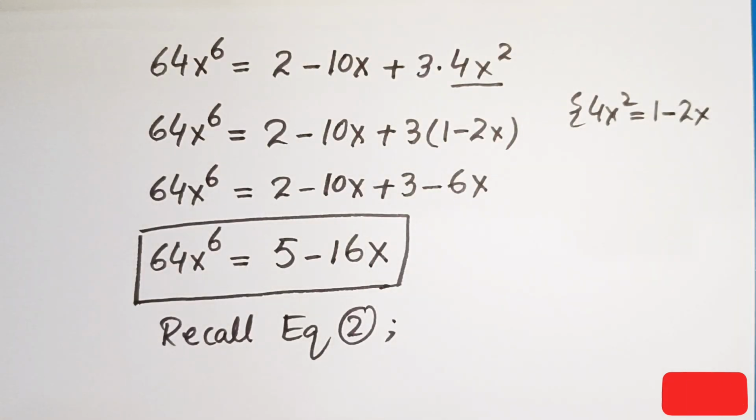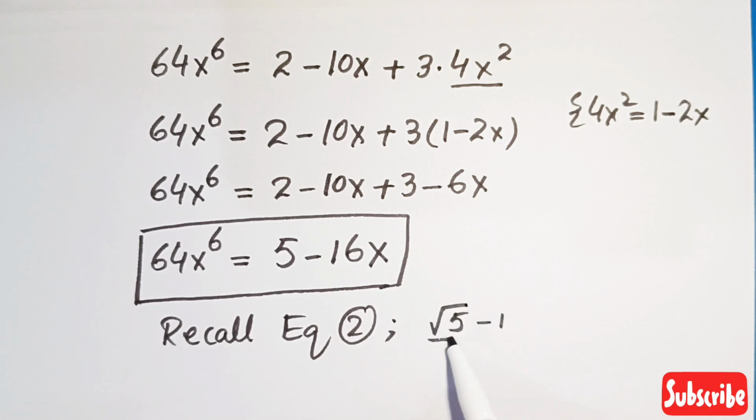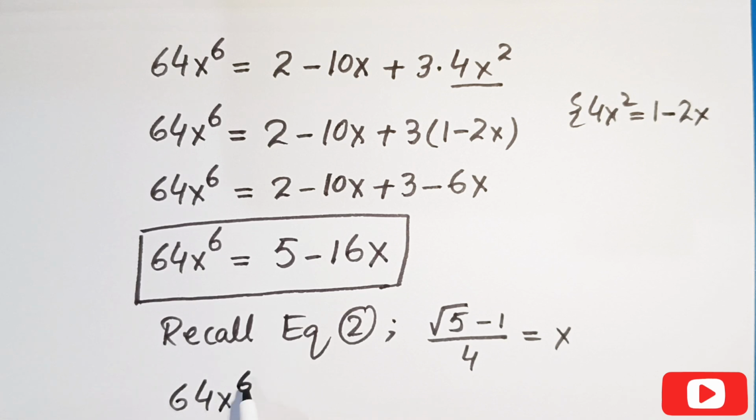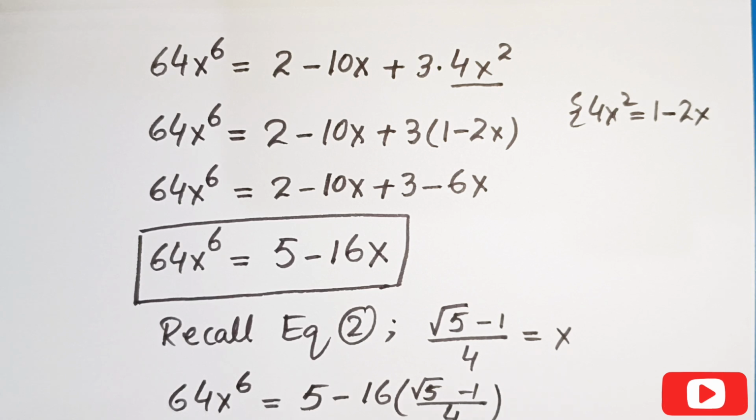So we just use here that equation 2, square root of 5 minus 1 all over 4, which is equal to x. So now this will be 64x to the power 6 is equal to 5 minus 16 times, putting the value of x here, square root of 5 minus 1 all over 4.